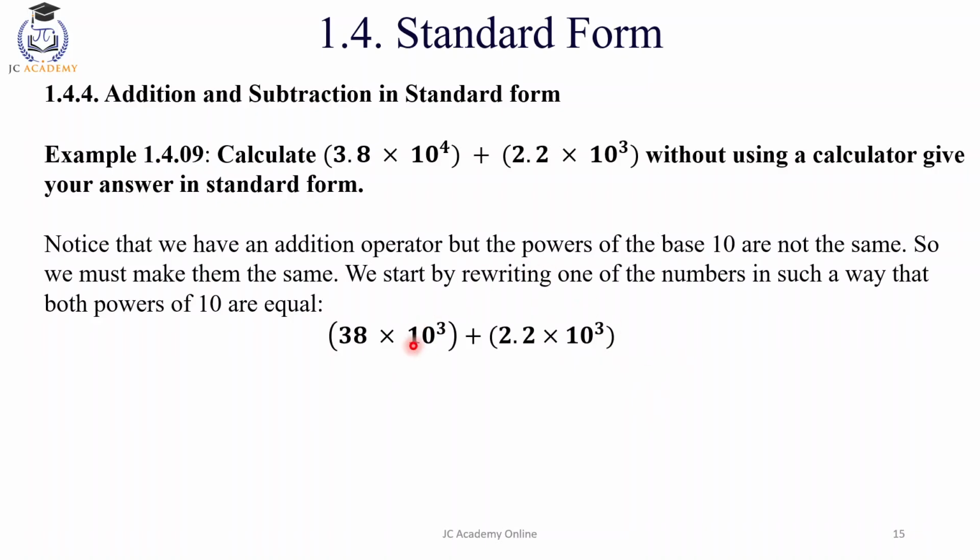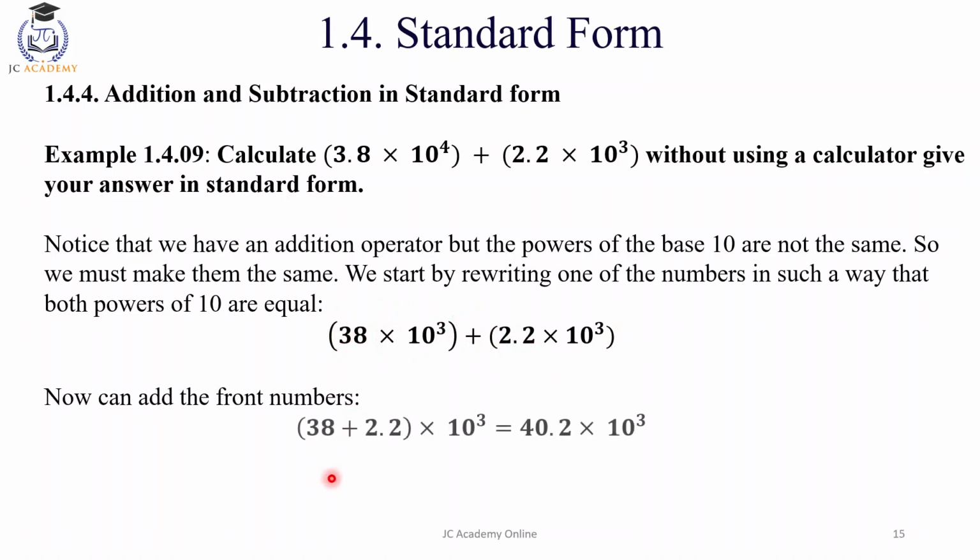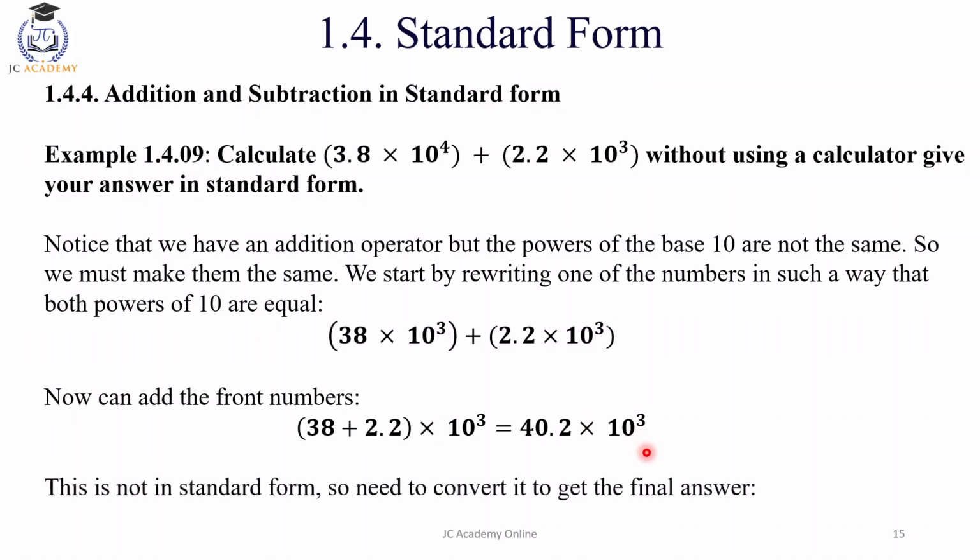We now have the same power, 10 to the power of 3 and 10 to the power of 3. As this is the case, we can add the numbers in the front. So we do 38 plus 2.2, and we leave the 10 to the power of 3 as it is. So we get 40.2 times 10 to the power of 3.